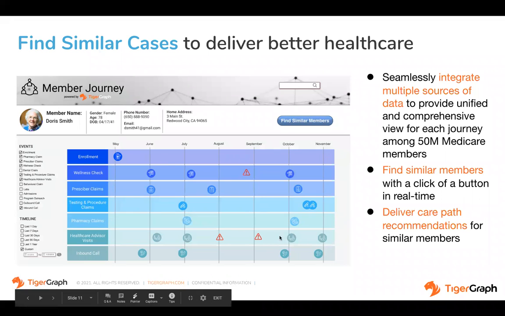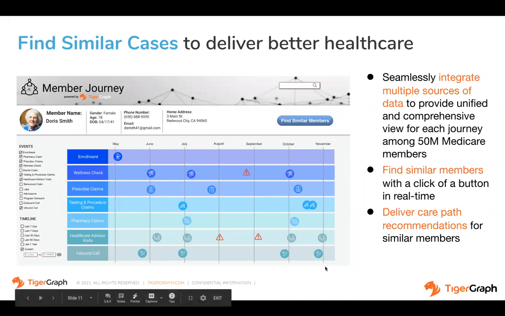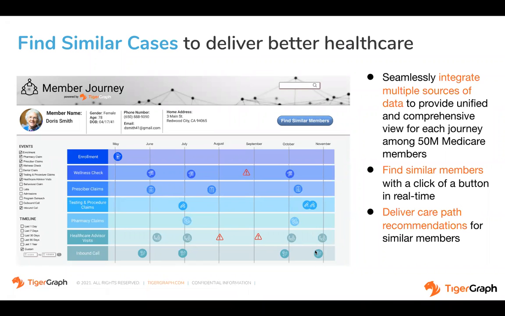And there are a couple of red flags where she hasn't received proper care, and we want to find, are there other patients who have a similar pattern like this so that we can take intervention and provide the preventative care to make sure things don't get worse. So in this case, they have this dashboard.